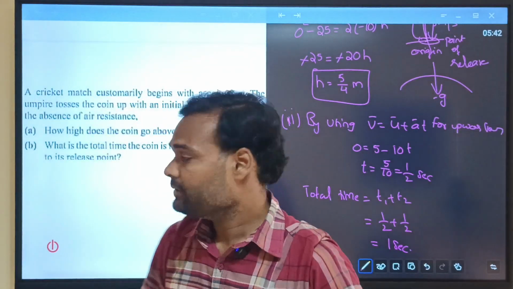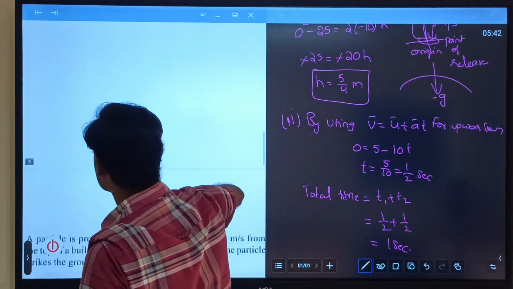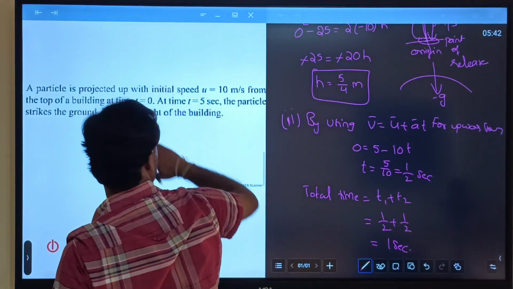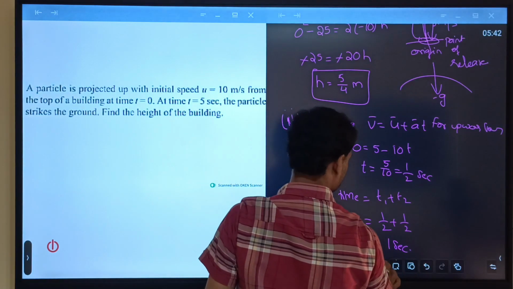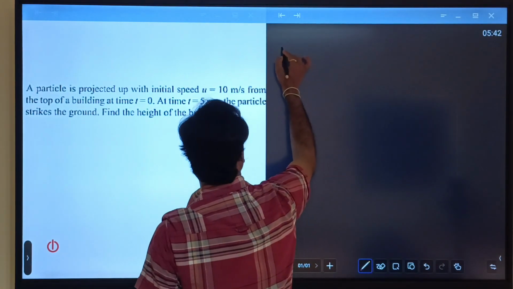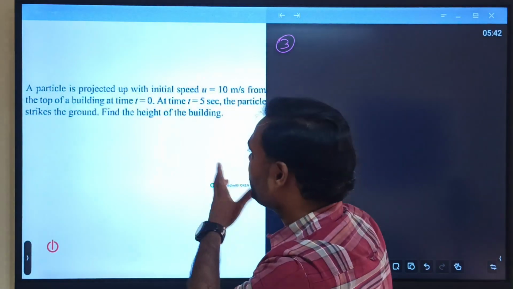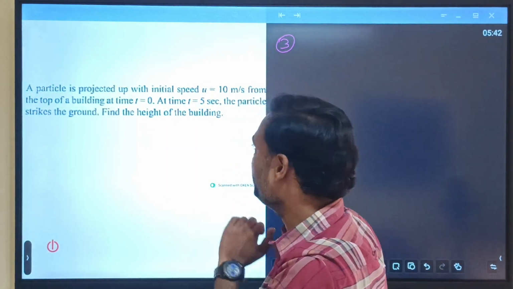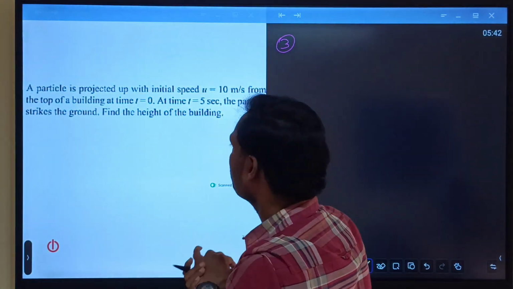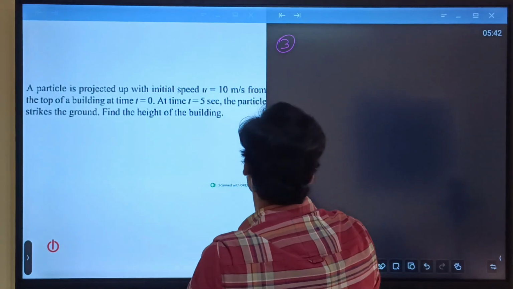Clear? Then let us see the third question. A particle is projected up with an initial speed of u equals 10 meters per second from the top of a building.